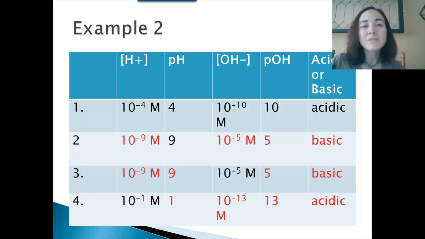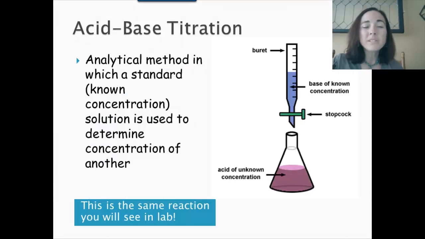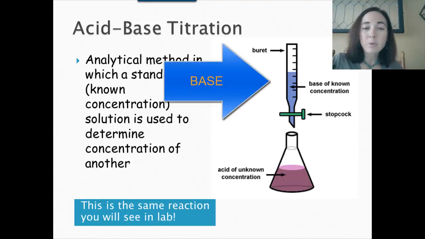So how is all of this measured? Well, the type of lab that we do is called a titration lab. It's a method where you take a known solution, and when I say known, you know its concentration, and you use that to determine the concentration of an unknown solution. The reaction we're going to do in lab is set up similar to this diagram. You have a big glass burette that has the base sample in it.